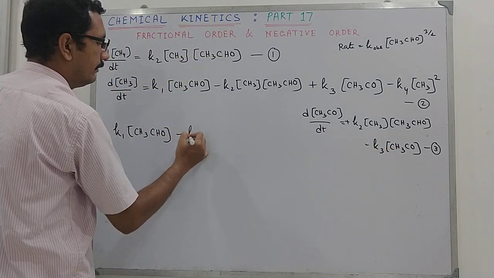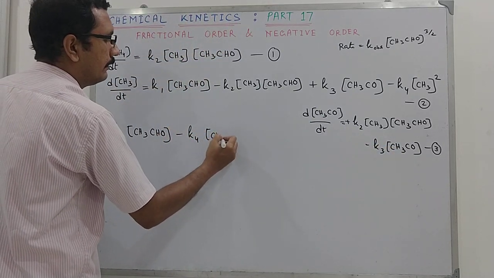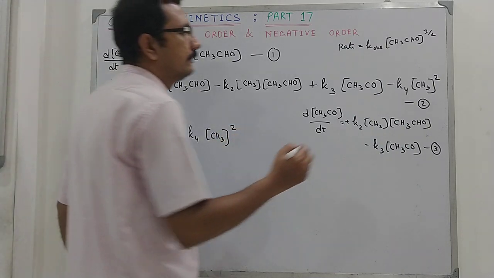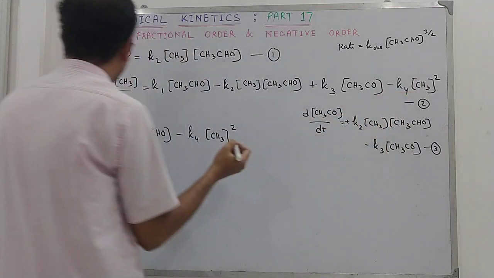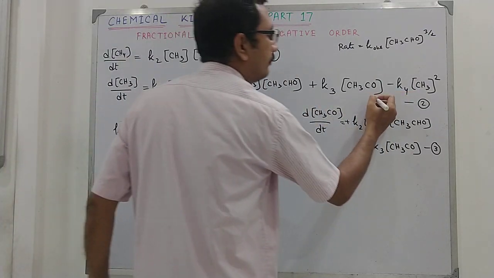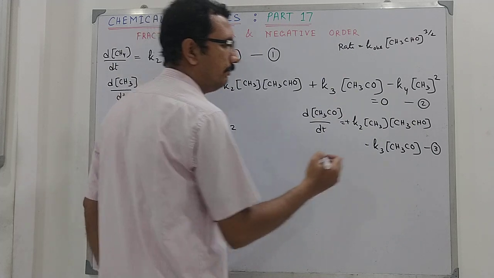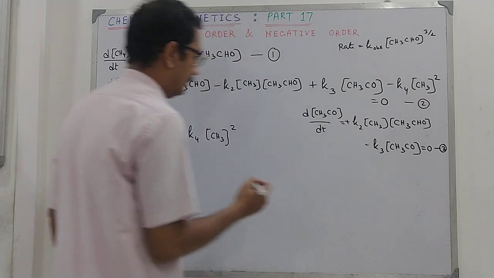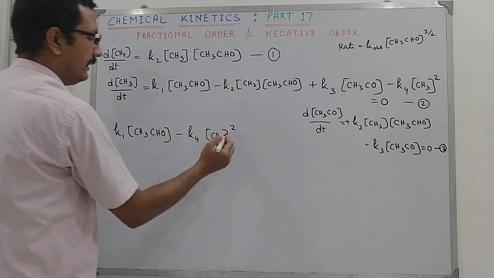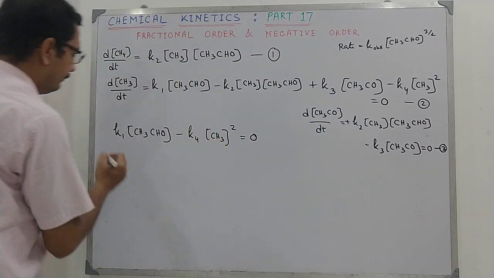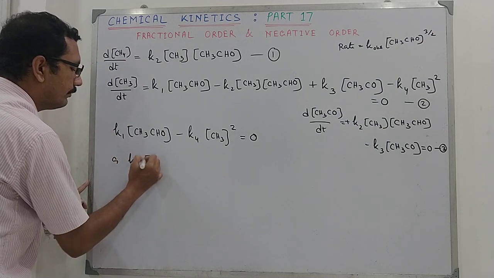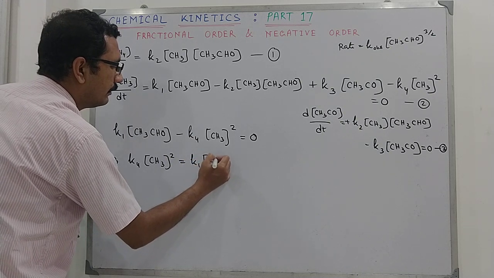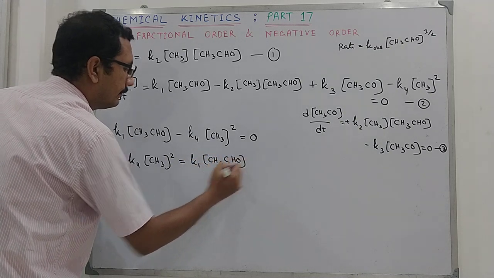So we have K4 into CH3 whole square. Now you see, in the steady state, the rate of production of this one is 0. So equation 2 equals 0, and equation 3 equals 0. When we add 2 and 3, we have 0 plus 0 equal to 0. So we have K4 CH3 whole square equals K1 CH3CHO.